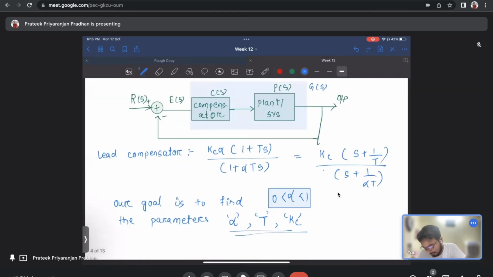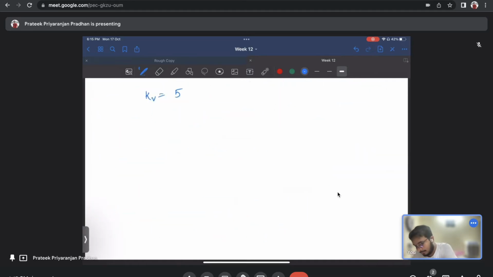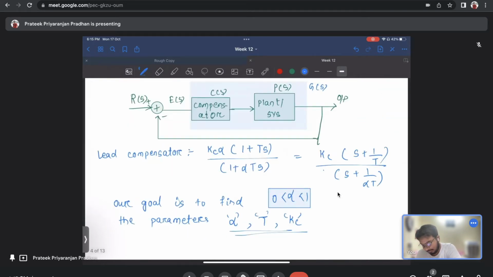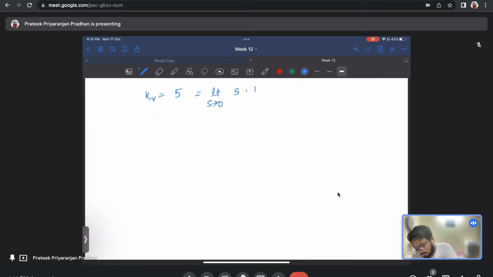Was it given? 5 is equal to the limit as s tends to 0 of s into the transfer function. First let me write the compensator transfer function, Kc into (1 plus Ts) by (1 plus alpha Ts), into the plant transfer function 1 by s into (s plus 2).